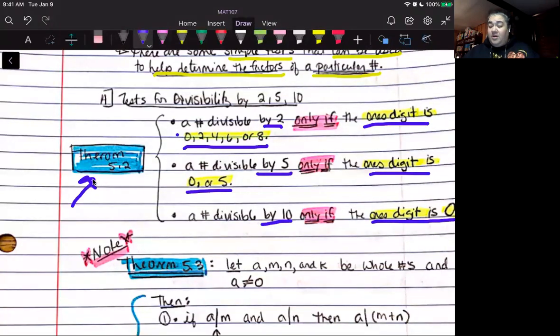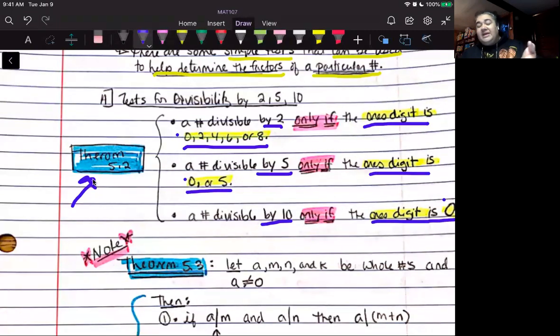It will be divisible by 5 if there's a 0 in the ones place, and it will be divisible by 10. So if any given composite number has 0 in the ones digit, then right off the bat you know it is divisible by 2, by 5, and by 10.